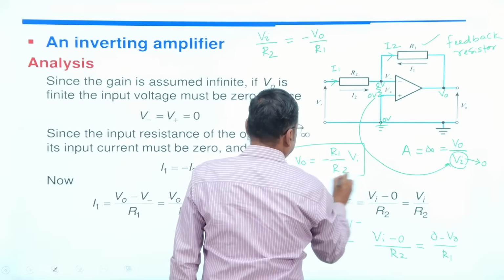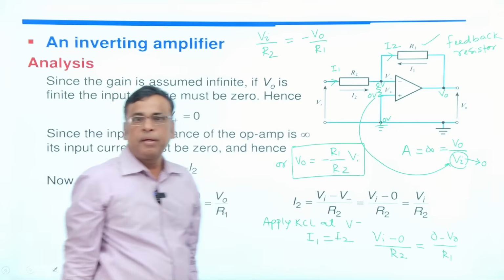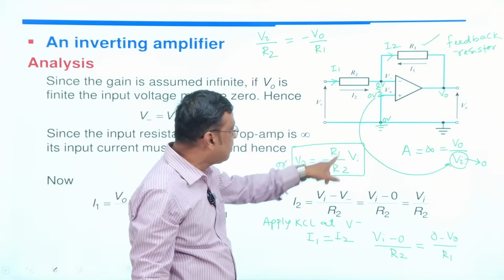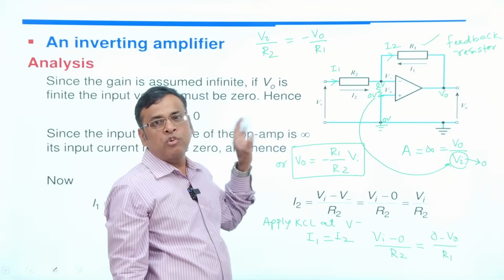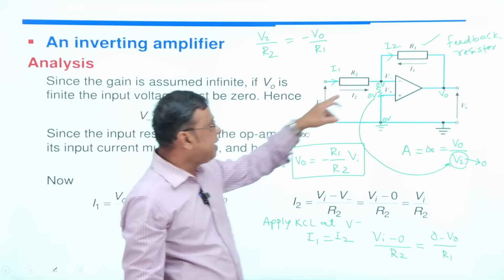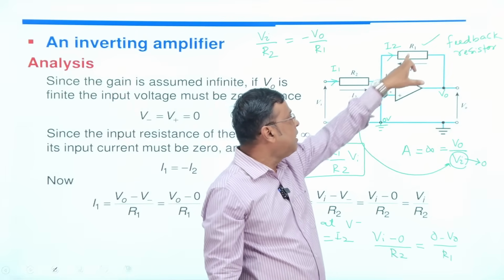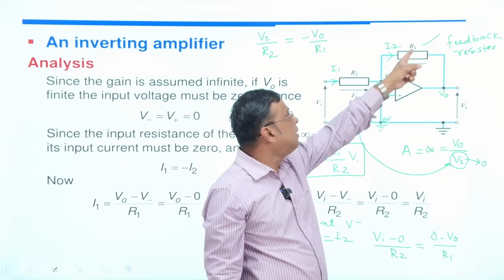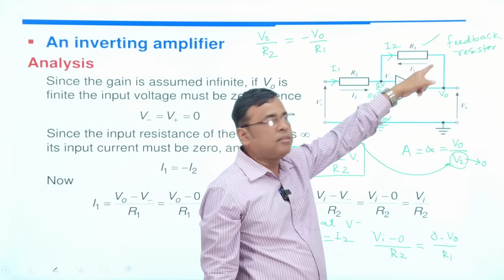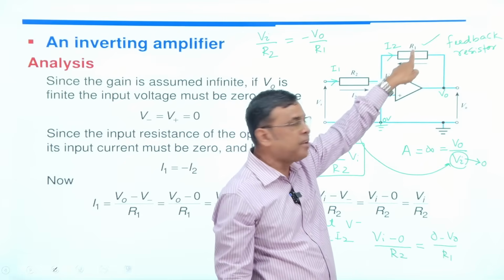So this is the expression of the output of the operational amplifier. Output voltage V0 equal to minus R1 by R2 into Vi. Remember that in most books you will find this feedback resistor is RF, maybe RF or maybe R2. Whatever the feedback resistance, here the feedback resistor is R1.